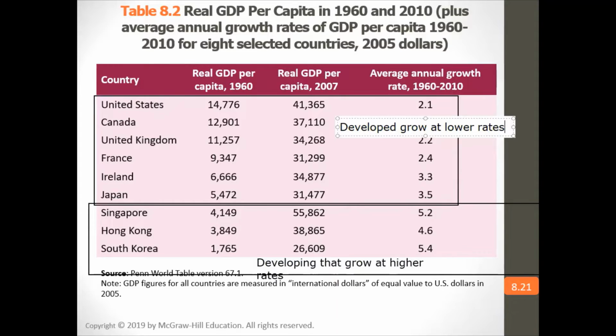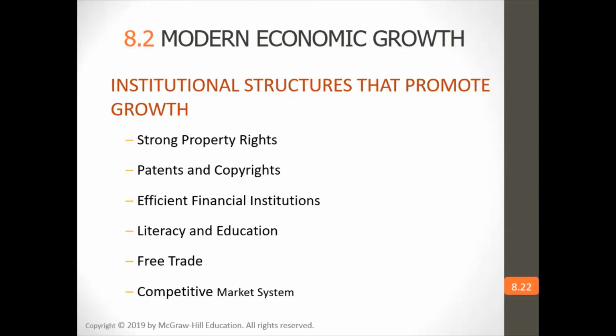So big reasons why growth happens is because there's strong property rights. There's copyright protection on intellectual property like music. They get copyright protections. There's an incentive for them to create because they know that they can make money off of royalties. And then there's patent protections.